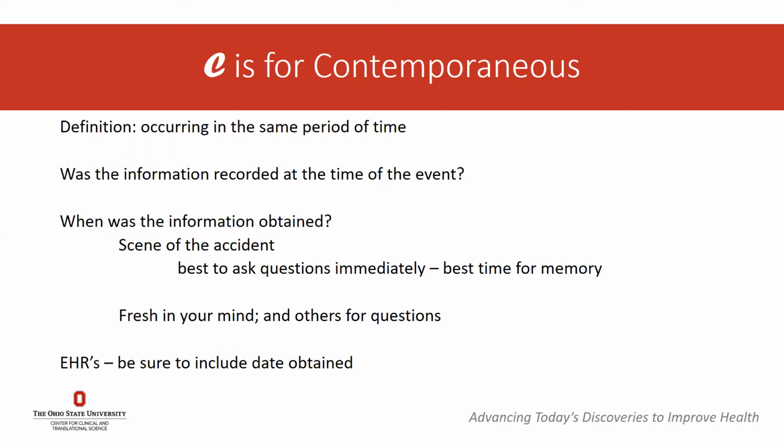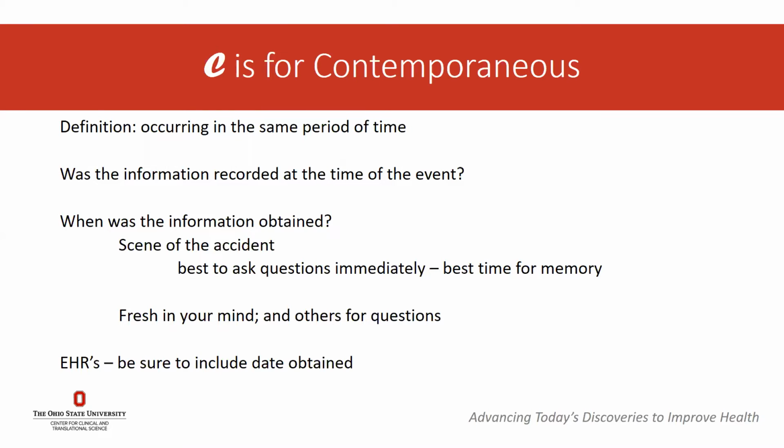So again, recording what is happening at the time that it is happening makes it more accurate. And you want to make sure that you're copying that information, recording that information at the time that it occurred. If you are recording it at a time different than the time that it occurred, in other words, it was an adverse event that occurred right there, no, you're not going to be able to record it at that point in time.